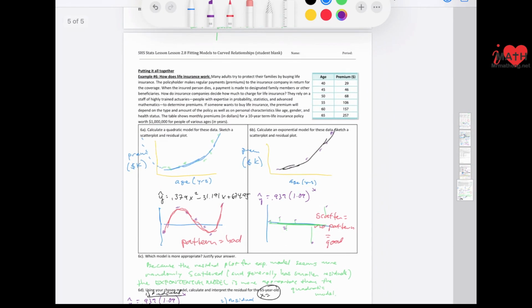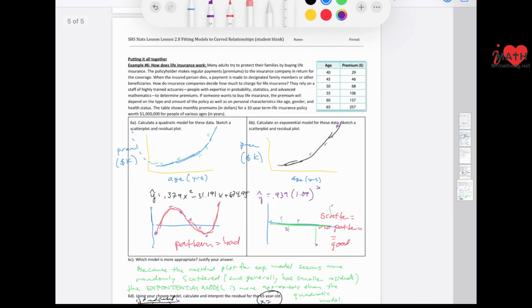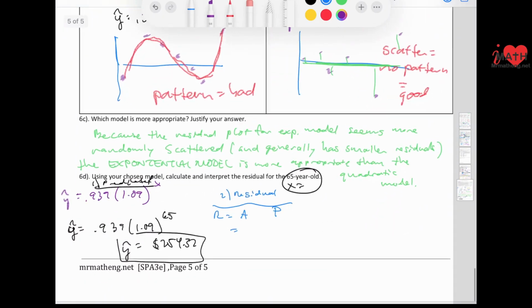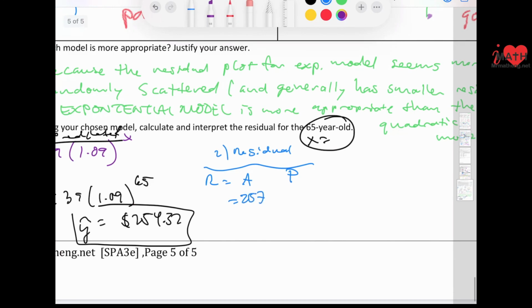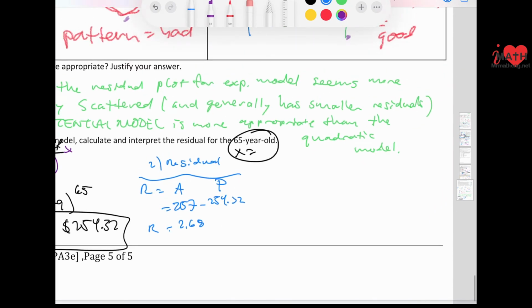You got that from the top of our chart back up there. Minus 254.32, and this gives me a residual of a positive $2.68.